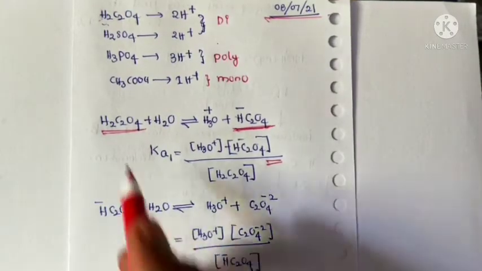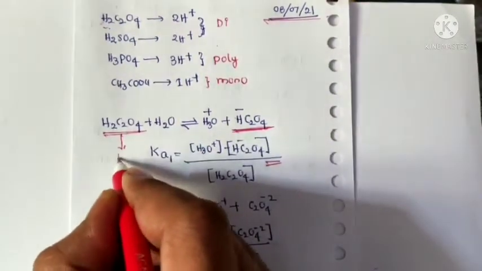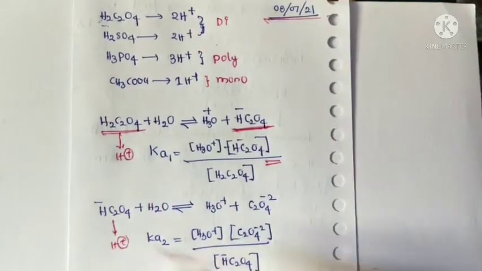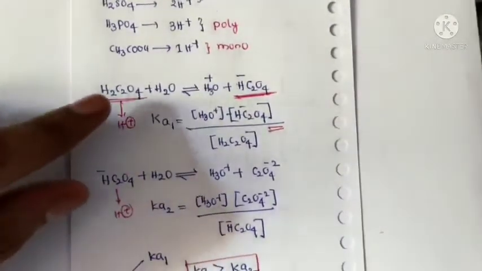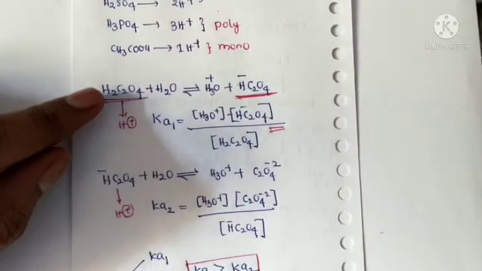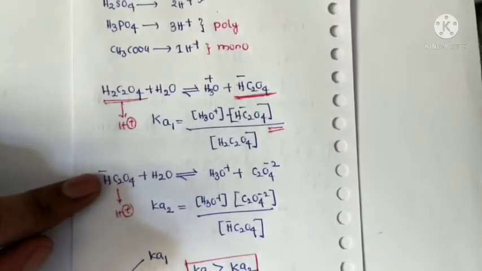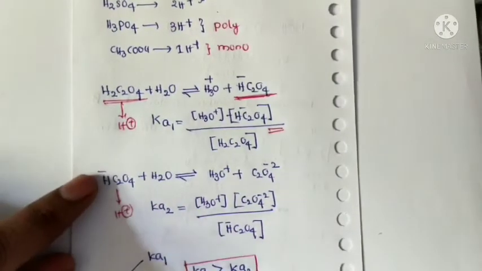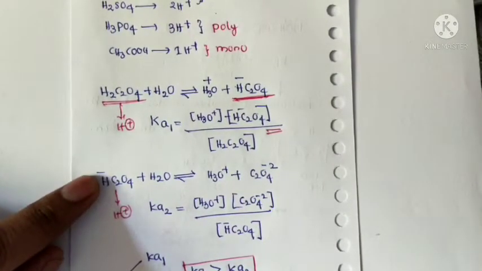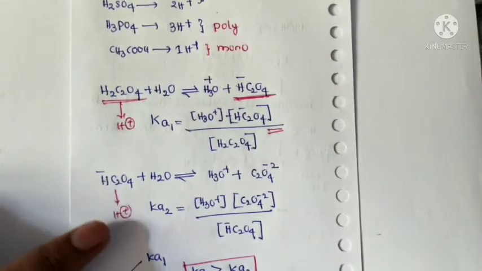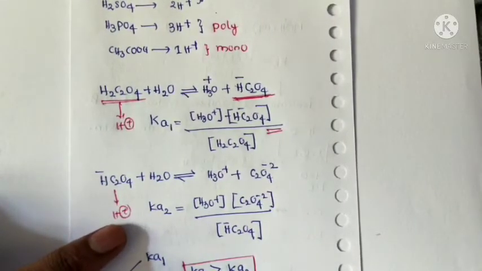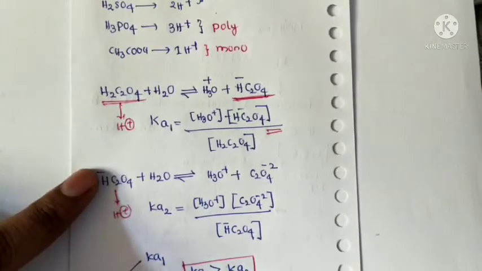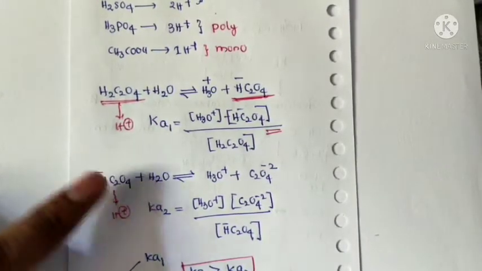Here removing of proton, here also removing of proton. So simply we can say that protons are removed in two situations, but here it is very difficult because it already has a negative charge. Removing the H plus ion from this negative charge is very difficult because electrostatic attraction forces are there.